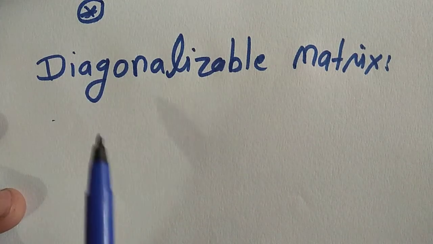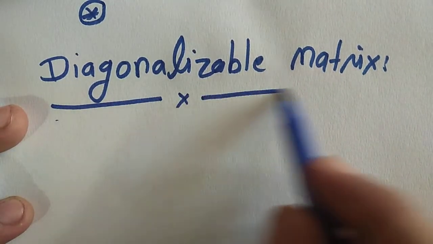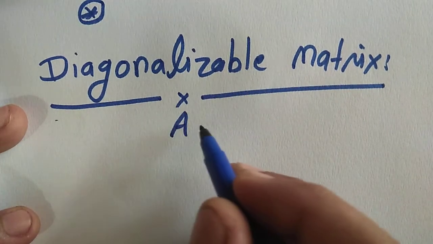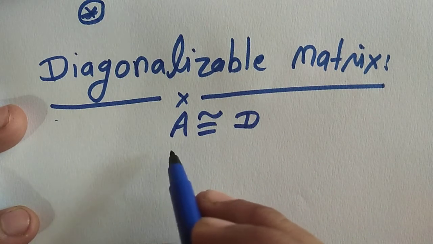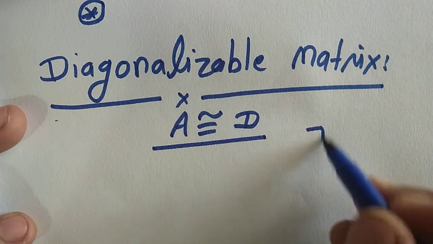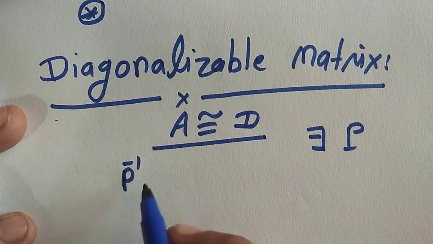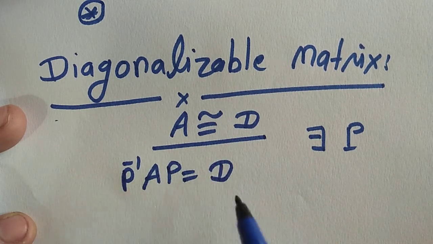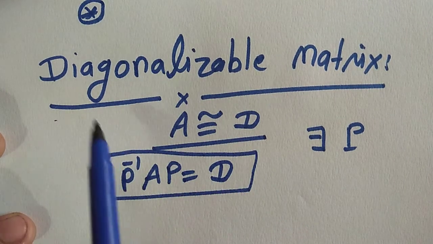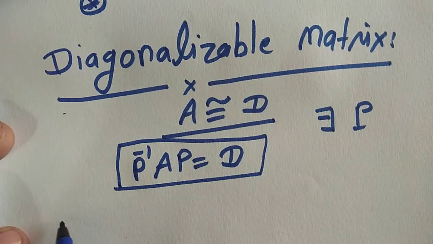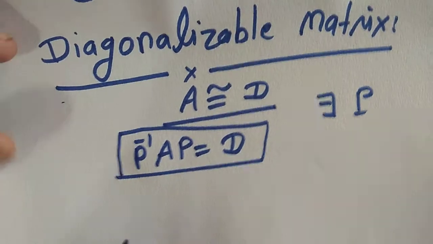So next we have diagonalizable matrix. A matrix A is called diagonalizable if A is similar to a diagonal matrix. A is similar to a diagonal matrix means there exists a non-singular matrix P such that P inverse AP equal to D. Then the matrix A is called diagonalizable.